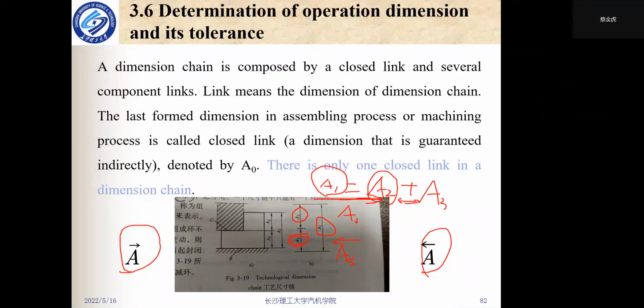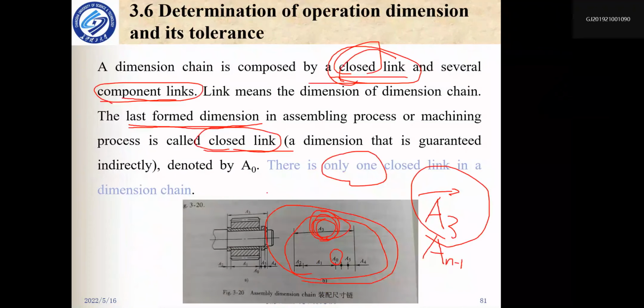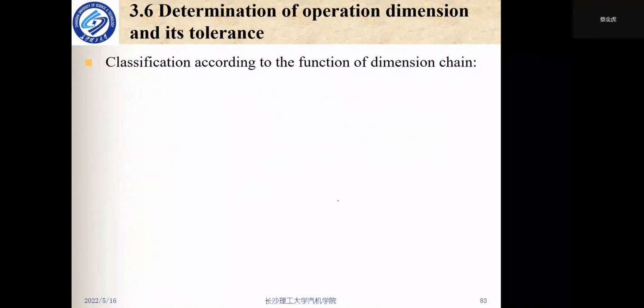So therefore I2, I3 is a decreasing link. Also in this figure, when A3 is increasing, the A0 is increasing too.